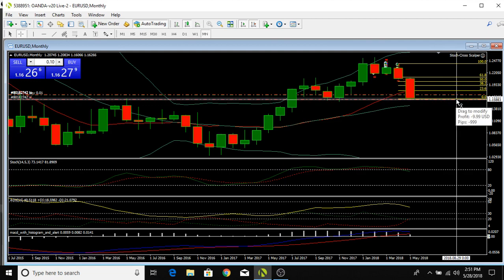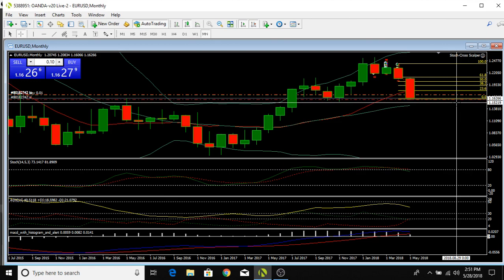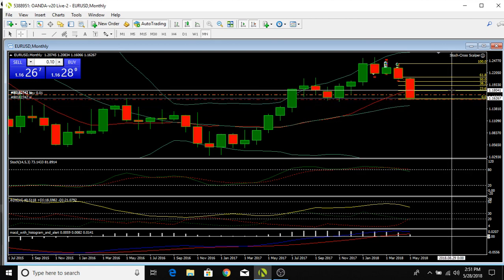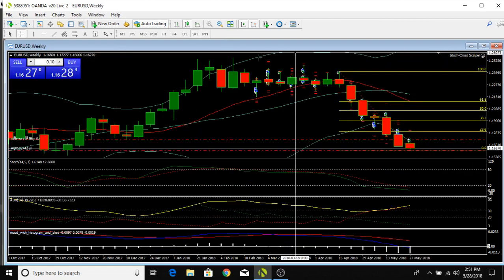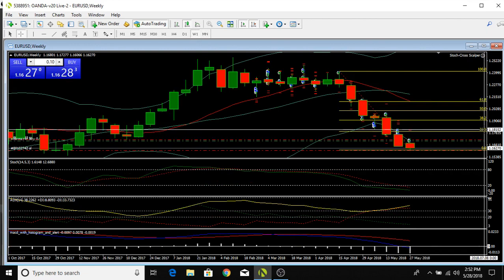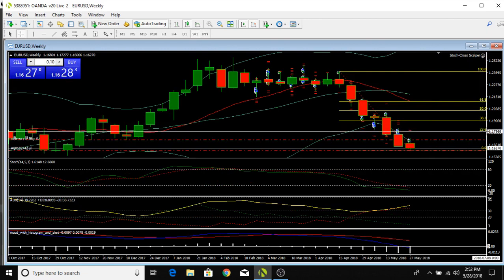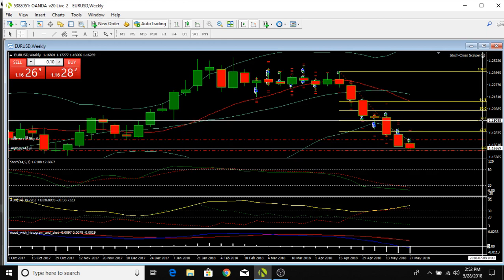But I think we could come down to about 1.1598, possibly down here to the 1.14, but then go back up to the 23, and it's better to look at it on this weekly scale. Go back up at least to the 1.17966, possibly up to as far as 1.19.